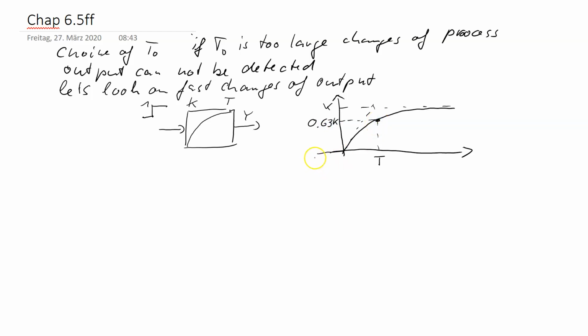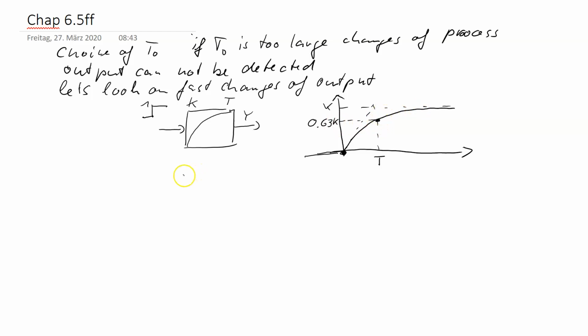So if I sample at this point and I have 0, and I sample after one process time constant at this point, then the output has changed by 63%. So the change is nearly complete, and I think that's really too late to react on the system.